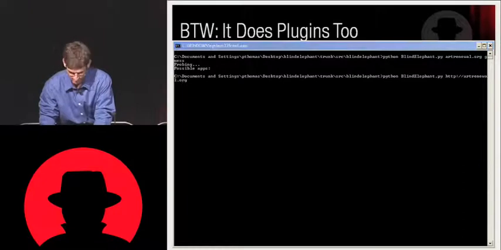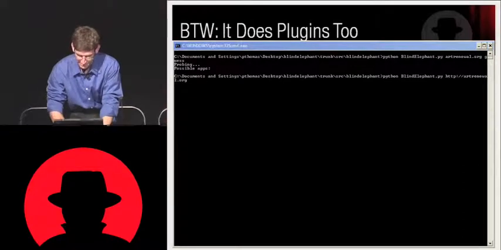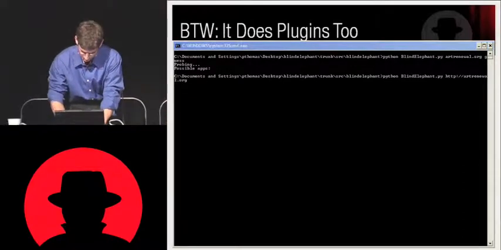And let me load this up just to make sure I'm actually hitting something live. artrenewal.org. I would have expected an error if we couldn't get there at all.